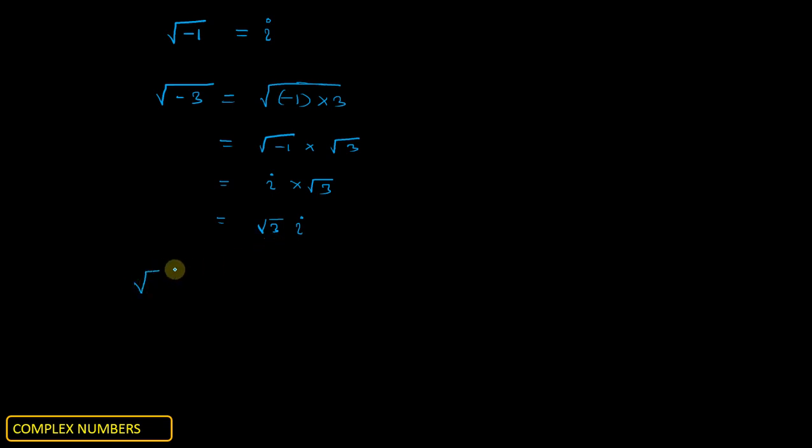Suppose we have the square root of -5. We can write it as the square root of -1 multiplied by the square root of 5, and the square root of -1 can be replaced by iota, so we have iota square root of 5, or square root of 5 iota. Suppose we have the square root of -49.